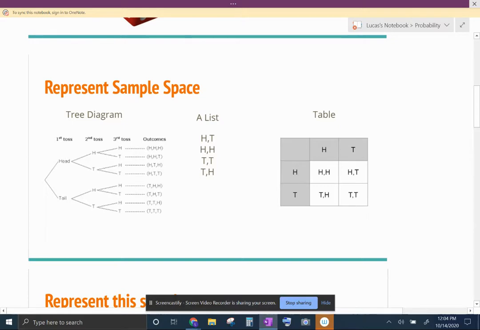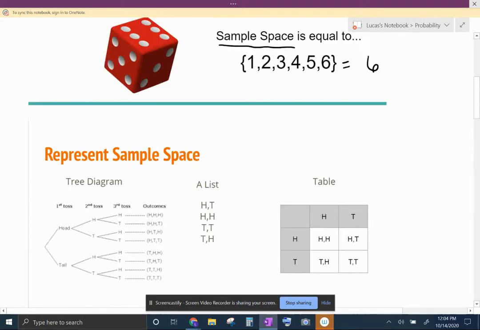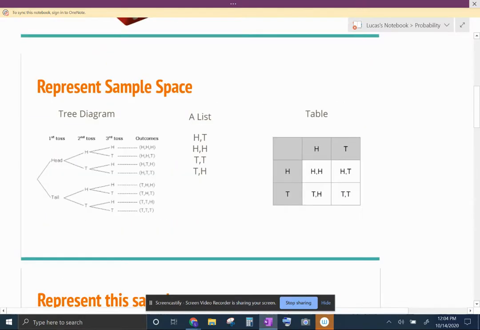Now, we can represent sample spaces for simple and compound events. One thing that you've seen me do is a list. But when there are 2 or more events, we have to use other methods to display our thinking. There are 3 different methods that we are going to be talking about. We have a tree diagram, just like you see here.